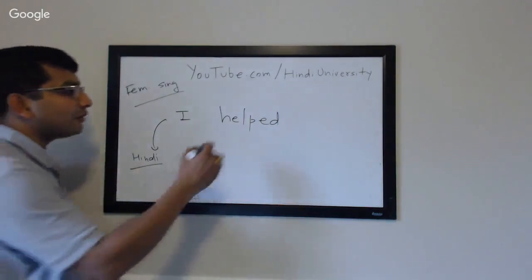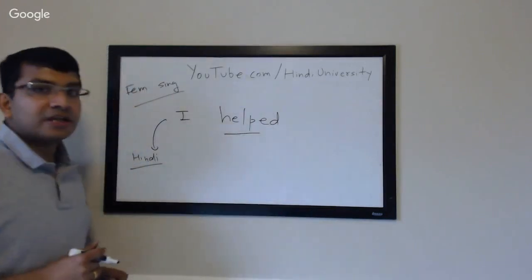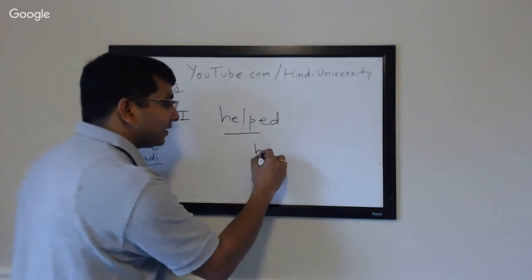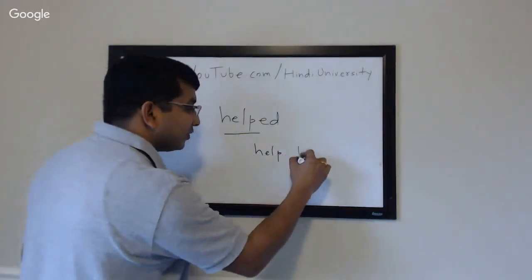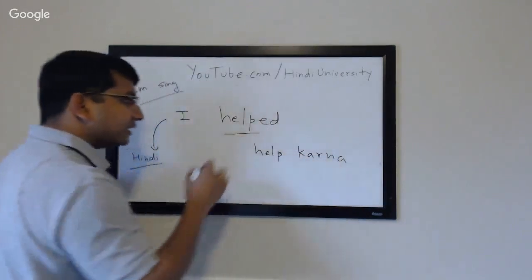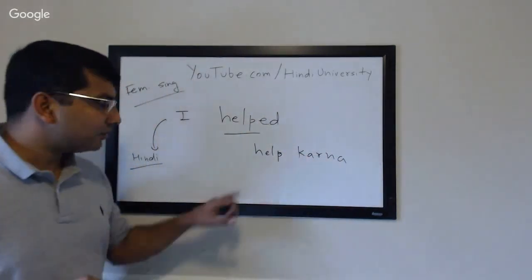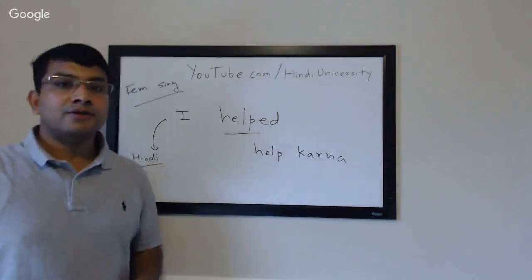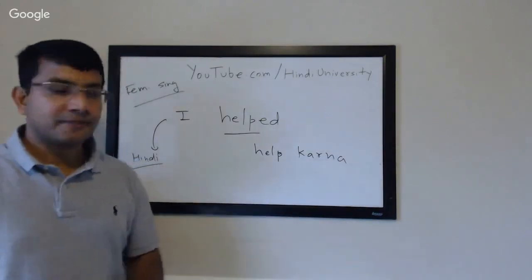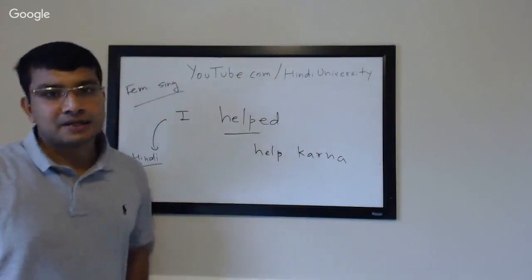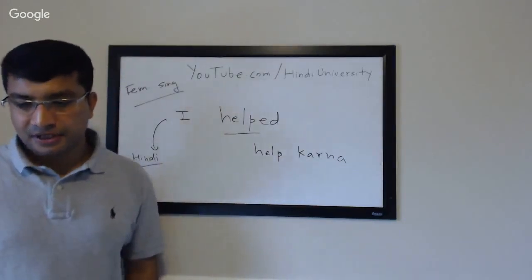You may not know the Hindi word for help. So it's easier to say help karna. You can really make a verb by yourself. If you know the Hindi word for it, that's fine. If you don't know, you can always leverage karna. Okay, and to help is nothing but help karna. So in present you will say मैं help करता हूँ और मैं हेल्प करती हूँ.